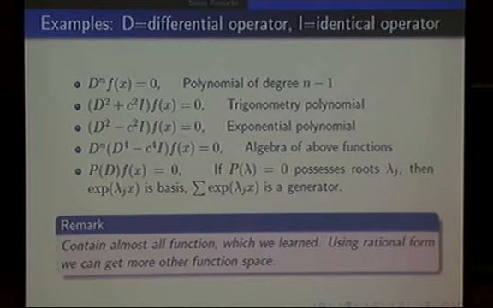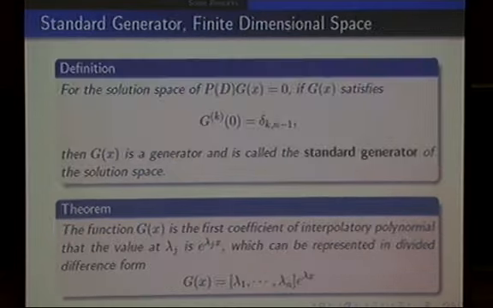Then such generators contain almost all the functions which we learned. I have already said that using rational form, we can get more function spaces. For a solution space, if the solution satisfies this condition, then this is a generator, and we can call it a standard generator of a solution space.